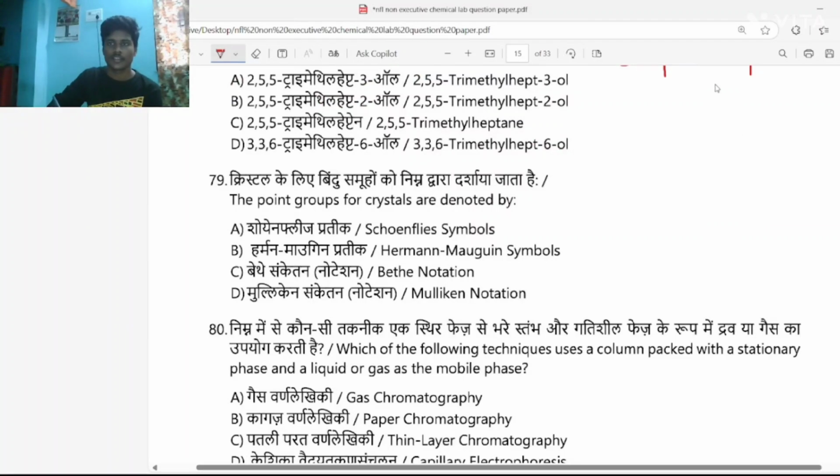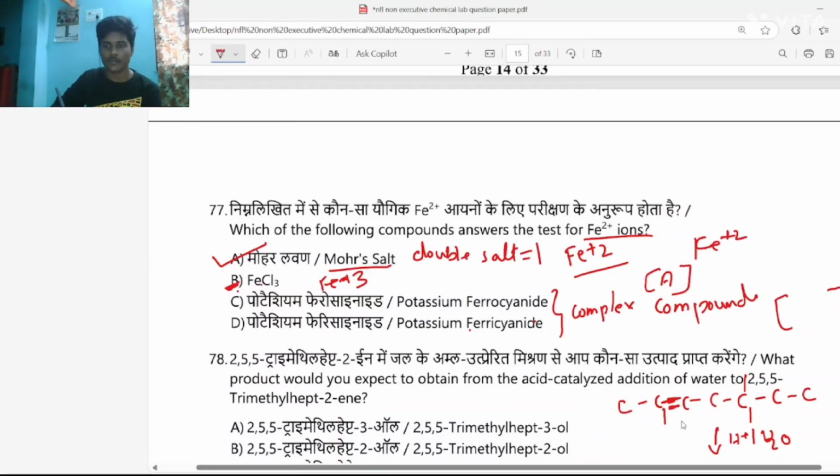Here a stable tertiary carbocation is going to form, and that hydrogen is going to attack, and the remaining positions are the same. Then the OH is going to attack here.